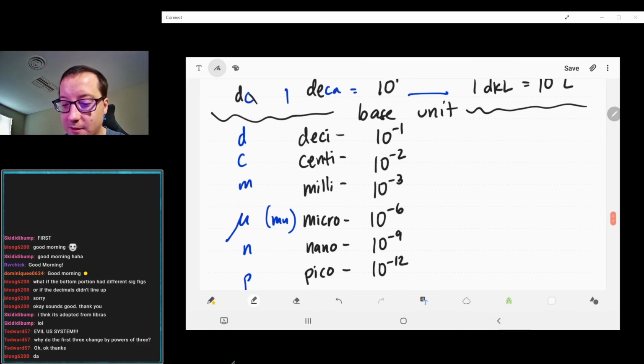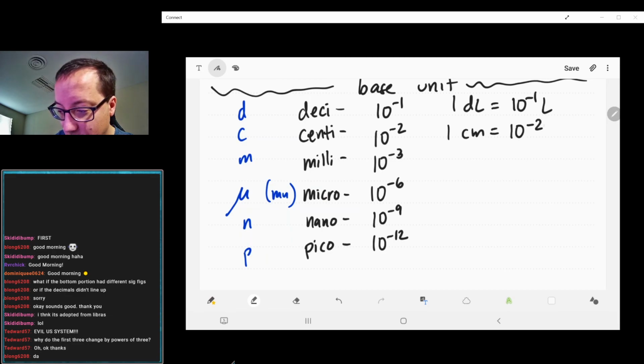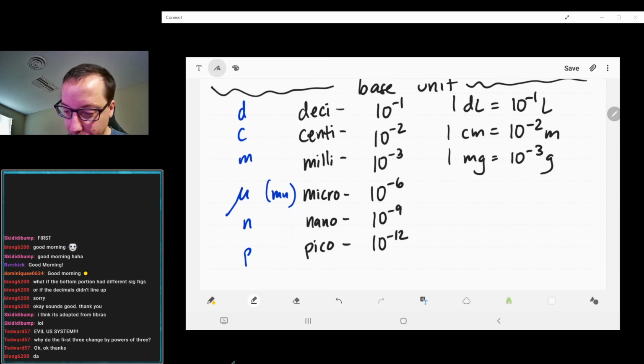Aha, now it's fixed. So something like deci, you could say, 1 deciliter is 10 to the minus 1 liters. Or 1 centimeter is 10 to the minus 2 meters. For milli, why not? Let's use grams. 1 microamp is 10 to the minus 6 amps.